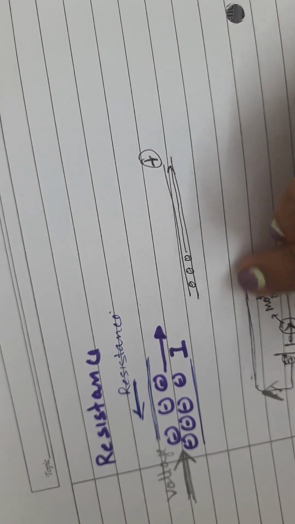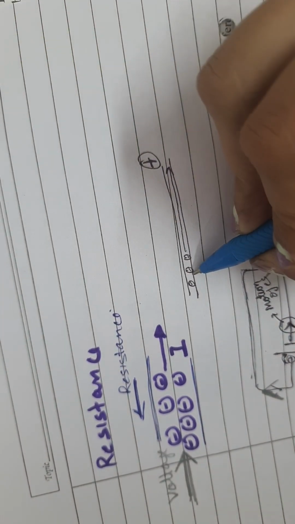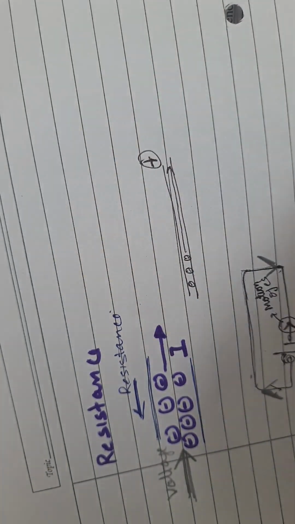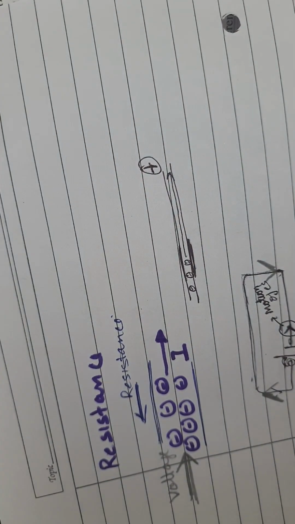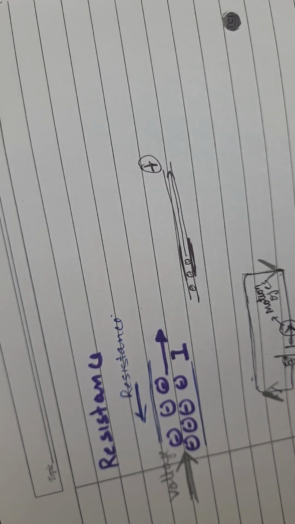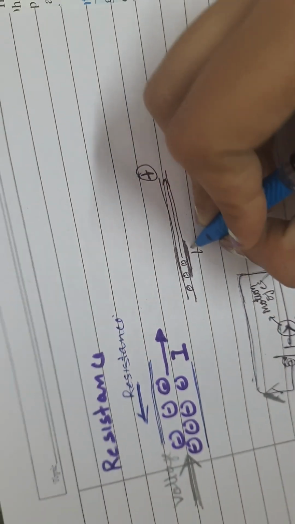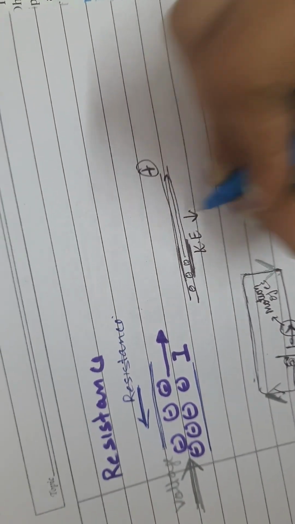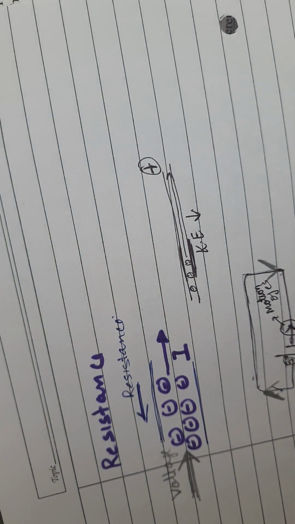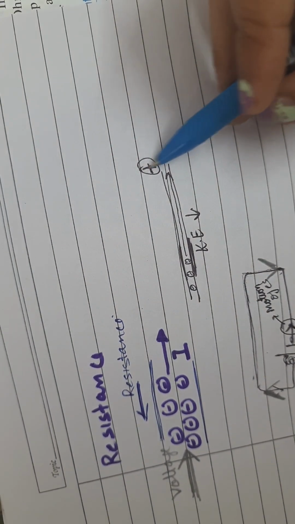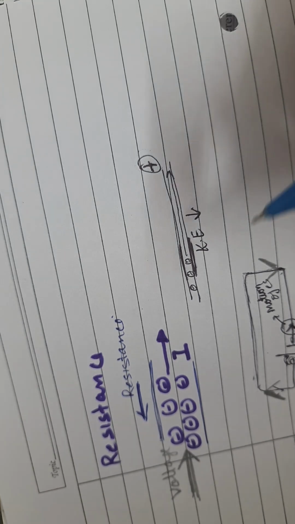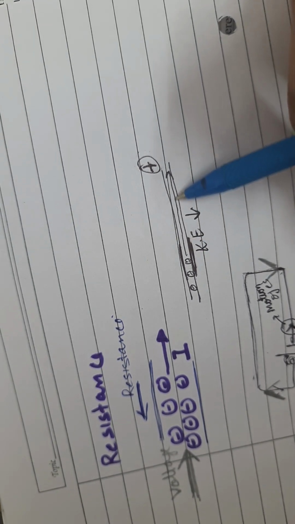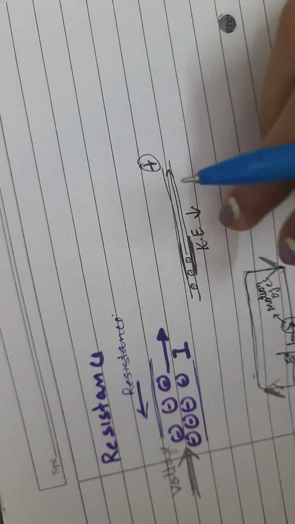So when they go forward, what will happen? They will collide with each other, and they will also collide with the walls of the wire, and due to that their kinetic energy will decrease. Kinetic energy will decrease, but because there is a positive charge, they would still start moving, they would be drifted, meaning they would be pushed forward.